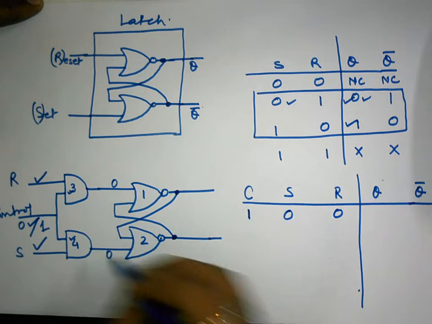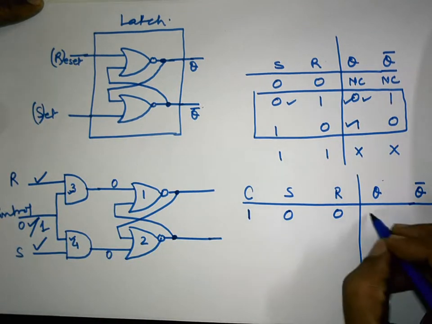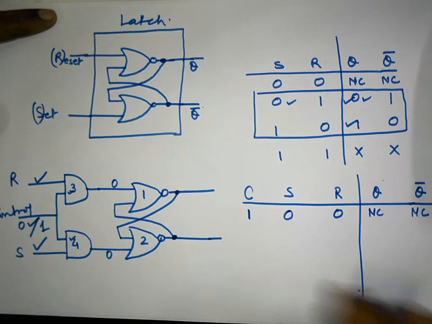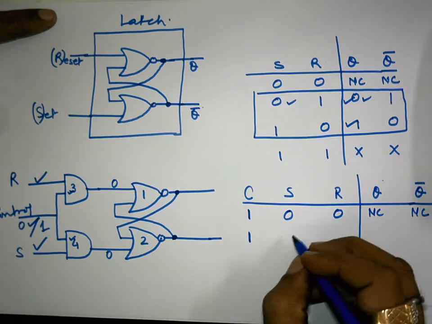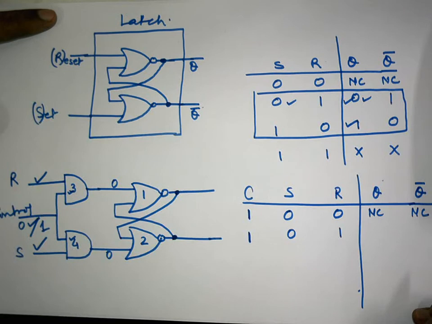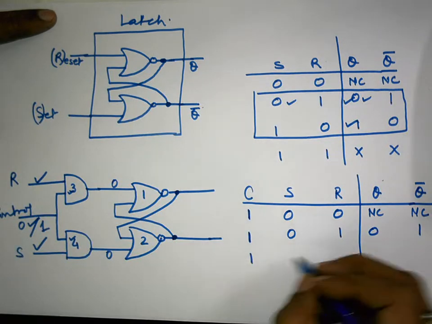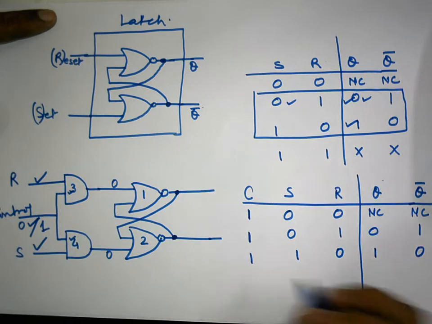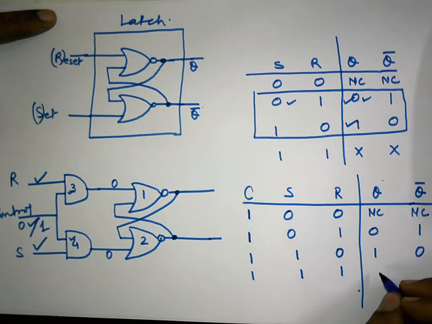Naturally this 0 0 will come over here, and it is not going to show any change in the present state of the circuit. If the control is 1 and S is 0 and R is 1, in this situation Q becomes 0 and Q bar 1. If the control is 1 and S is 1 and R is 0, naturally it will occur like this. If both are 1, then still we have the undefined, invalid situation.